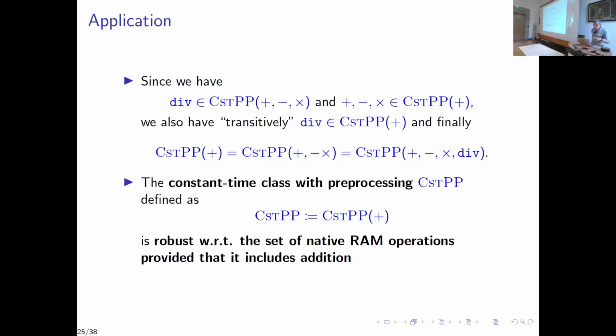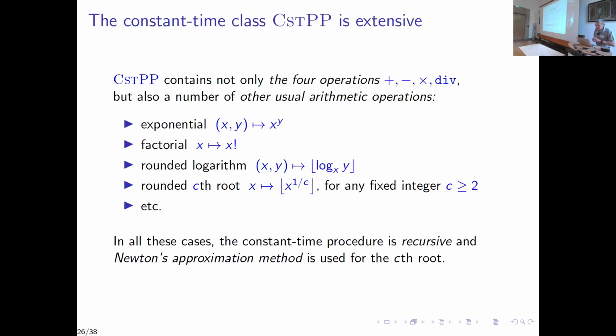And this means that the class is robust. This class is robust because there are several equalities, but much more. The problem is the robustness.